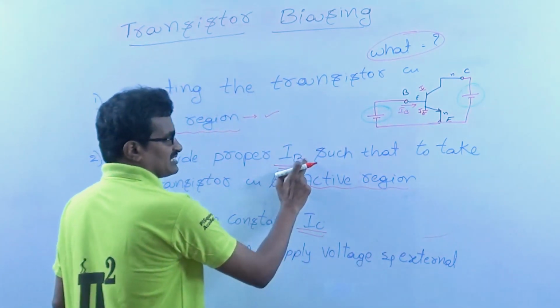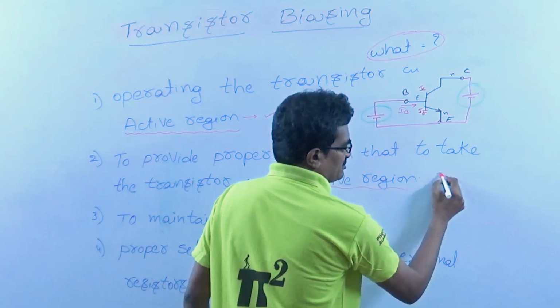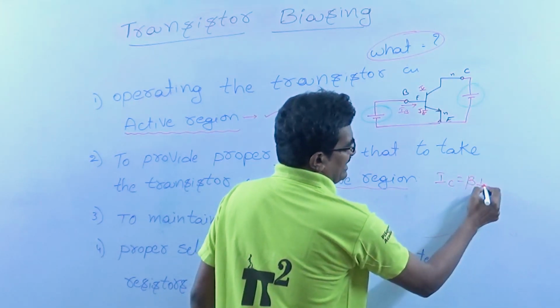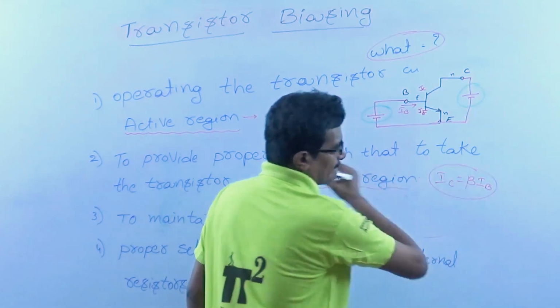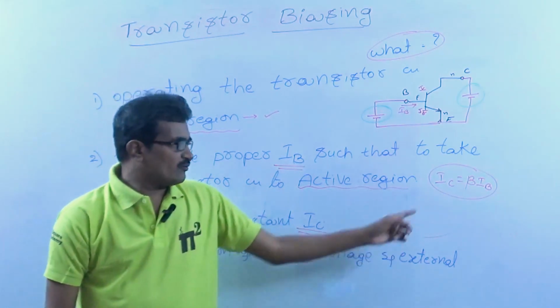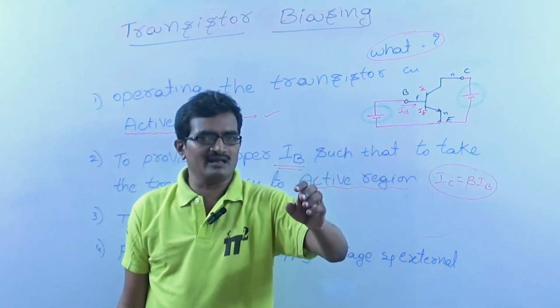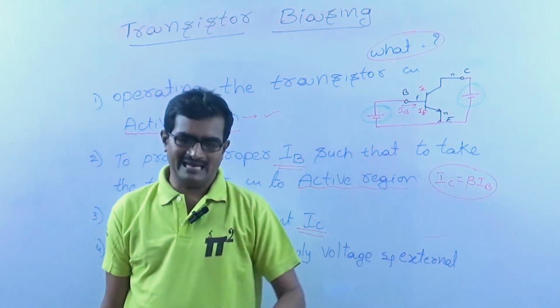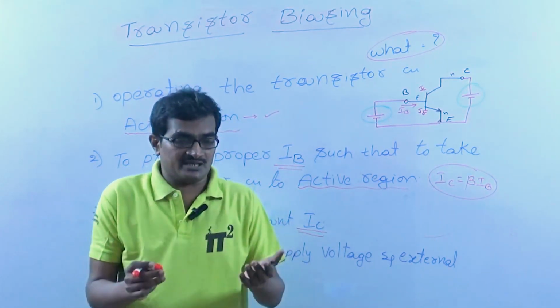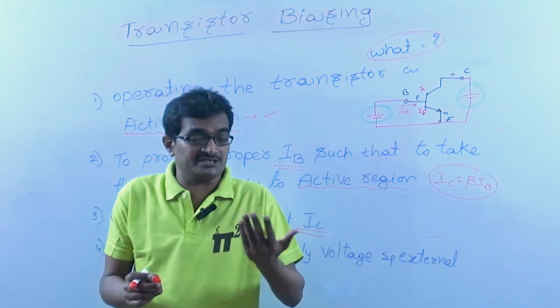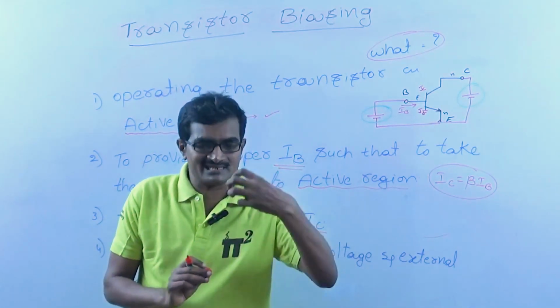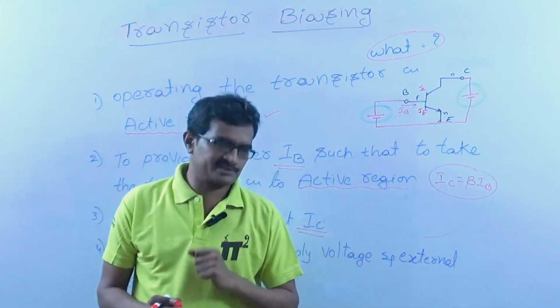From this IB, the collector current you get is beta times IB. Now once IC is constant, your transistor stays continuously in active region. If it is changing, what are the parameters changing IC, we will discuss in later sections.